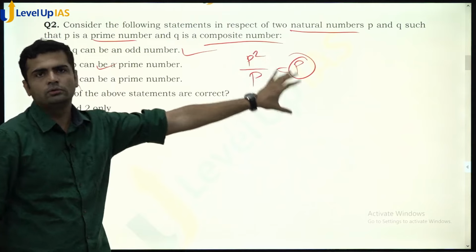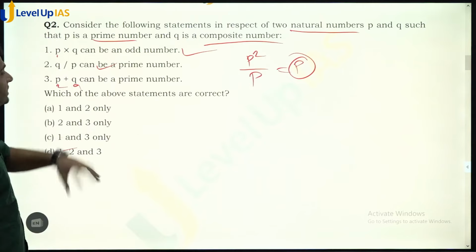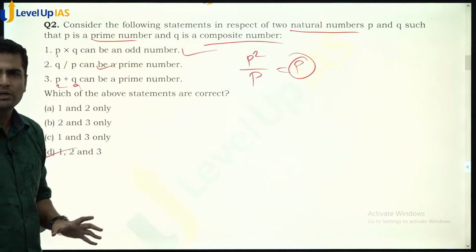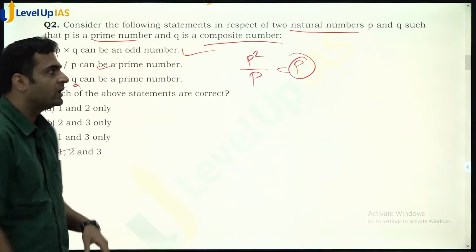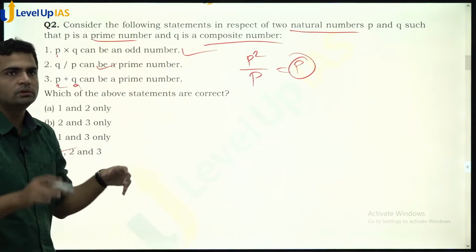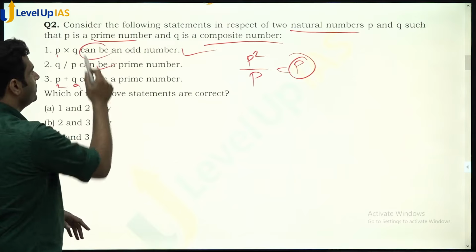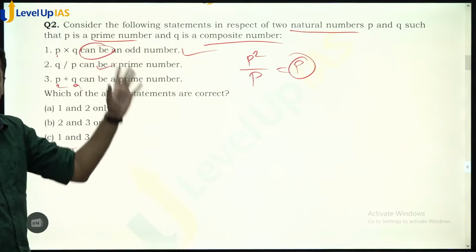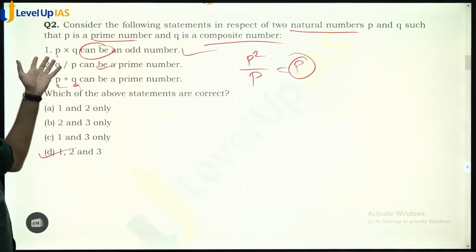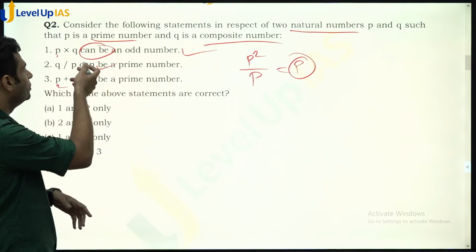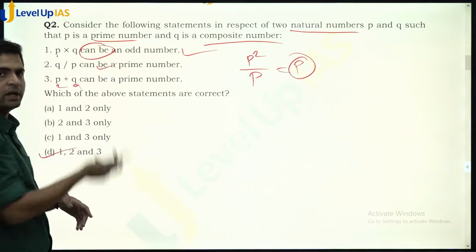If you don't want to do something like this, you can just take the initial few prime numbers and initial few composite numbers, and try to see if any of these statements are valid, because the question is "can be". Even if you find one case, you are done. So can P and Q be an odd number? You can take 3 into 9.